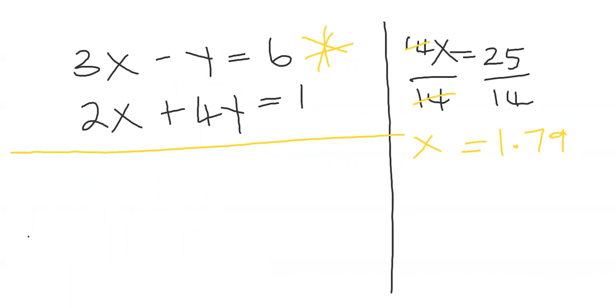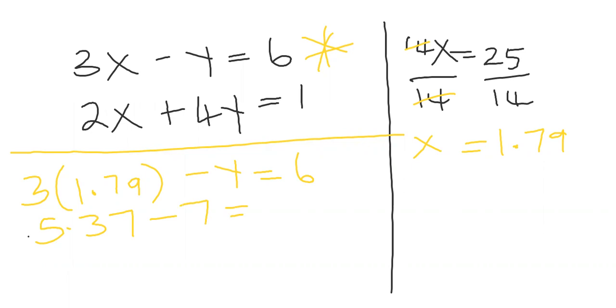I'm going to rewrite it: 3 times, and I'm no longer writing x because I already have the value of x, which is 1.79, minus y equals 6. Then remove the brackets. How much is 1.79 multiplied by 3? It gives us 5.37. Then we continue rewriting our equation.